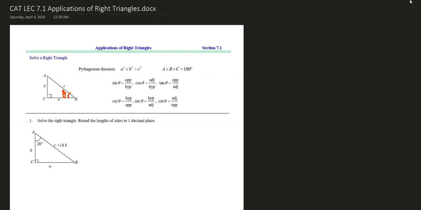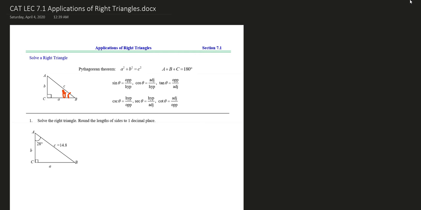So here's the first problem. Solve the right triangle and round the lengths of sides to one decimal place. As you can see, we are given the hypotenuse, but we don't have any information about the other two sides.